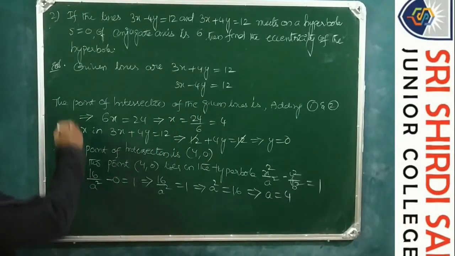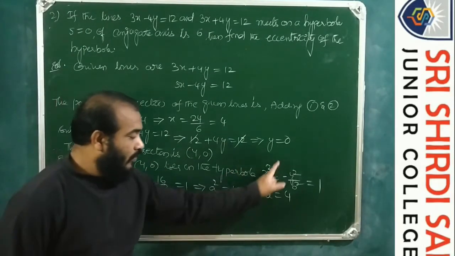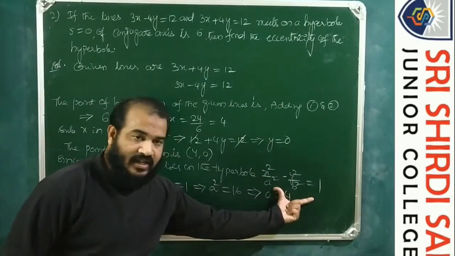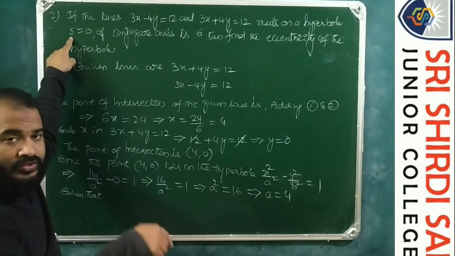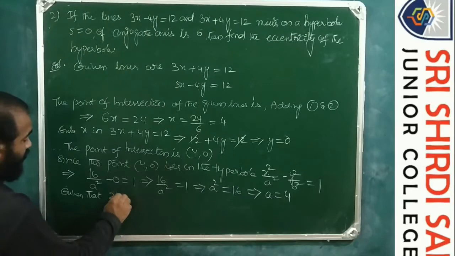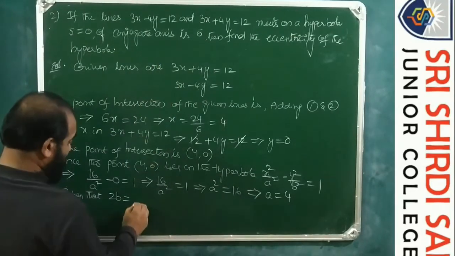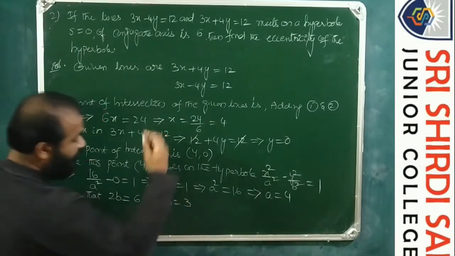Given that x square by a square minus y square by b square equals 1 is the standard form of the hyperbola with s equal to 0, the conjugate axis is 2b. So 2b is equal to 6. From this b is equal to 6 by 2, which is 3.